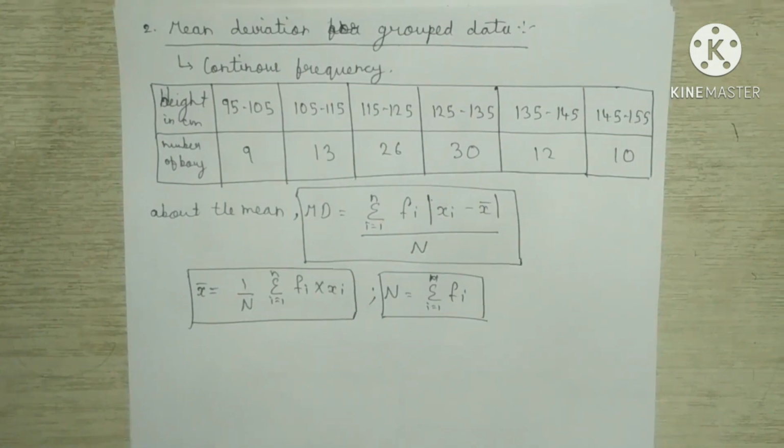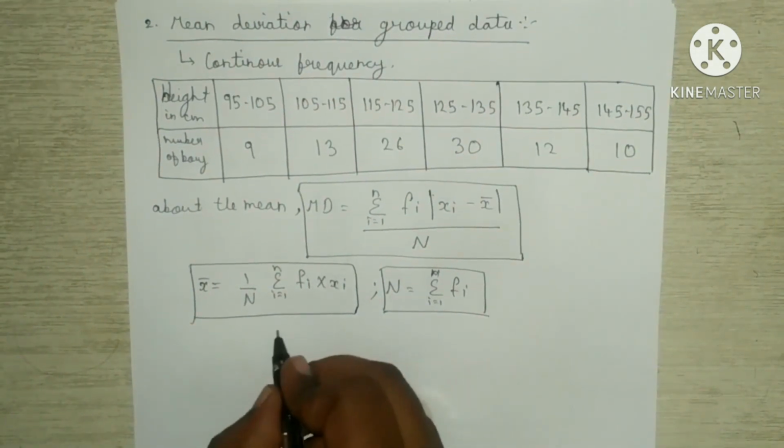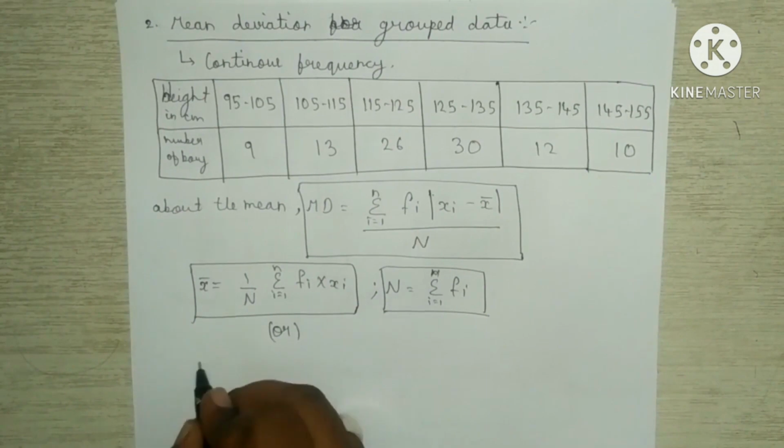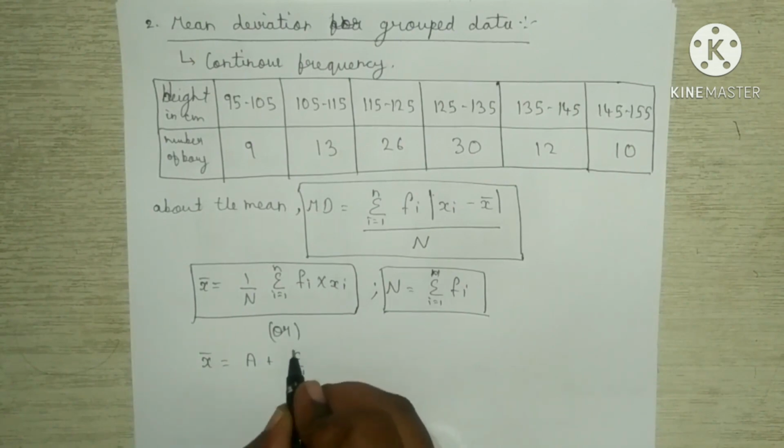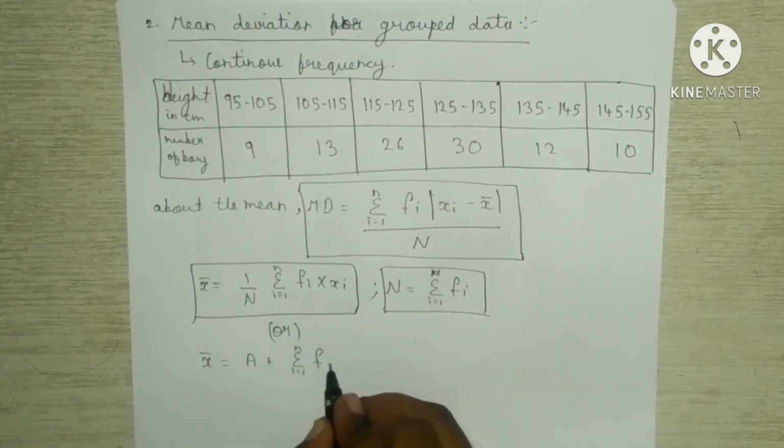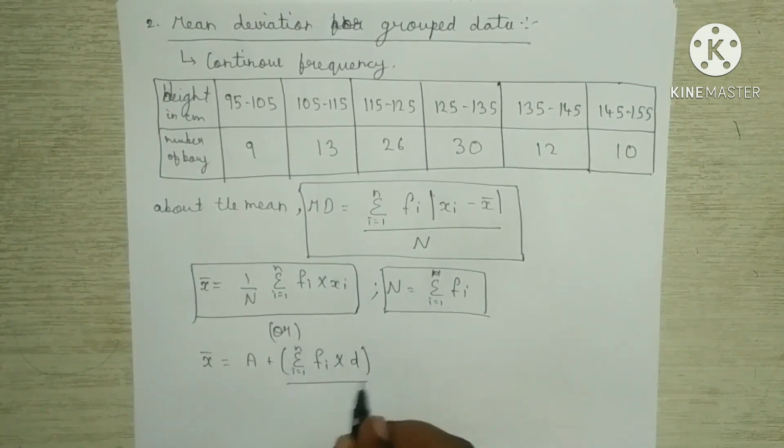There is another formula for x bar. X bar is equal to a plus summation i varies from 1 to small n, fi into d, divided by capital N, into h.